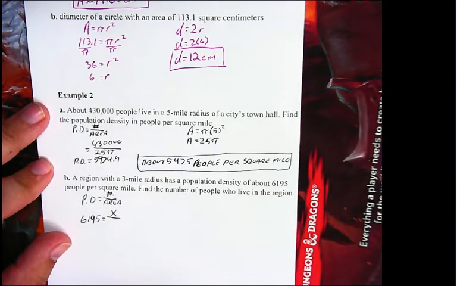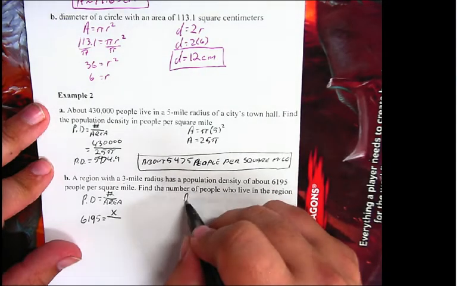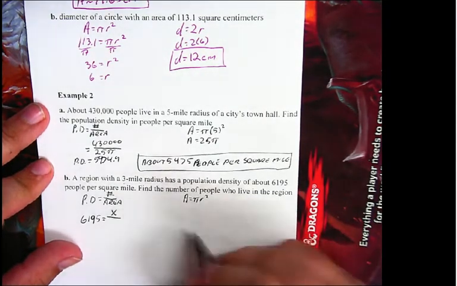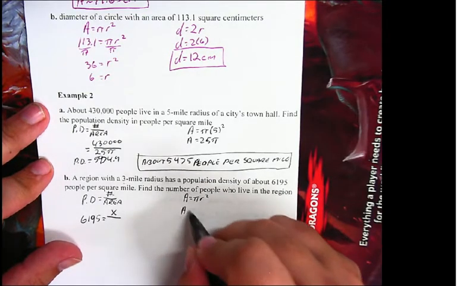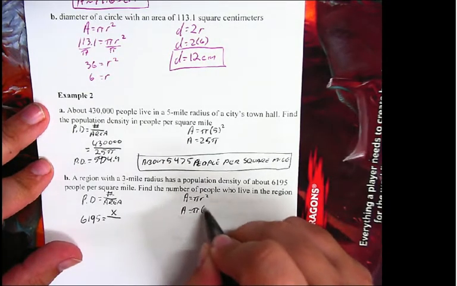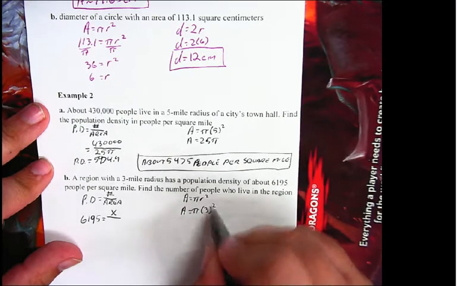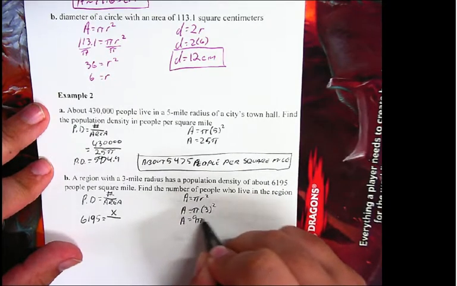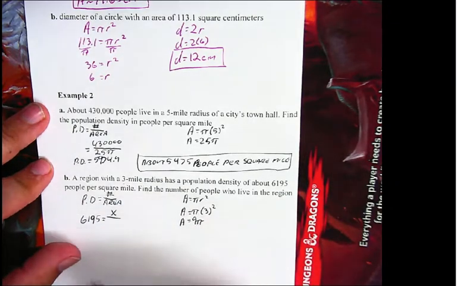So that means I can find the area. Again, we have radius, so we know we're looking at circles. Area of a circle is pi r squared. I'm going to plug in my 3 for the radius. So area is equal to pi times 3 squared. And 3 squared is, of course, 9. So area is equal to 9 pi. And I can take that, plug it in right here.